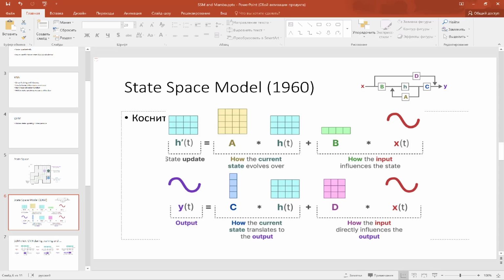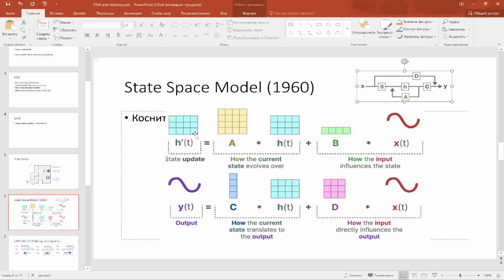So here is the initial architecture of the state space model presented in 1960. It is very similar to LSTM. You see here the hidden state, the matrix which represents information to put into the hidden state, the hidden state output, and the skip connection represented by x times D. And here we obtain the output value y.